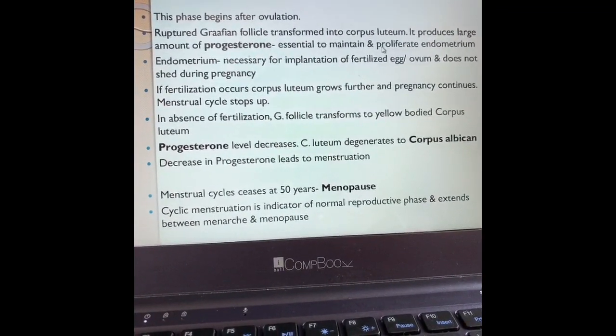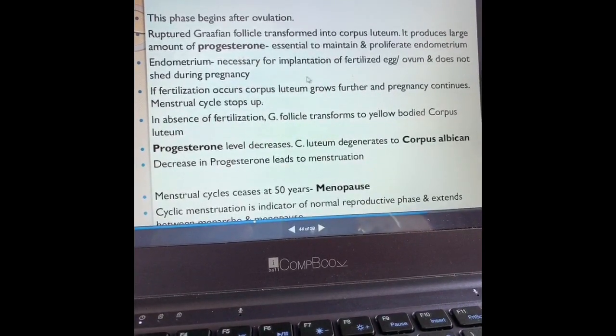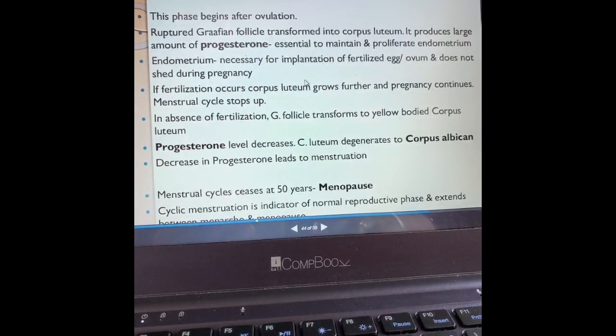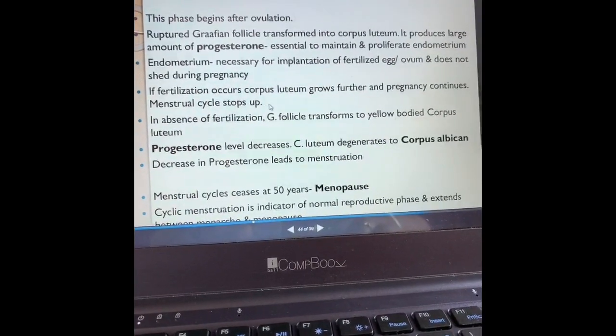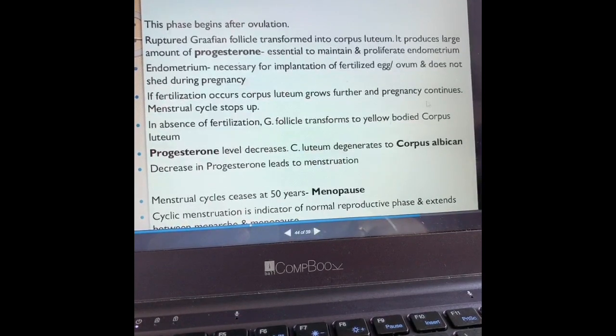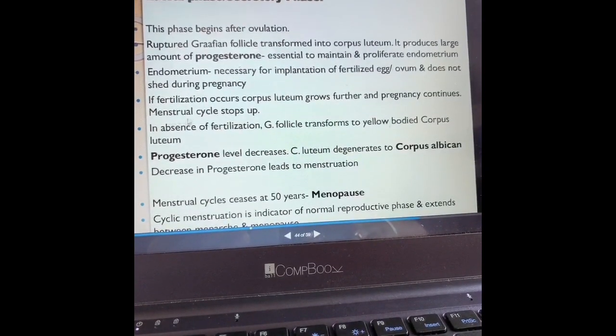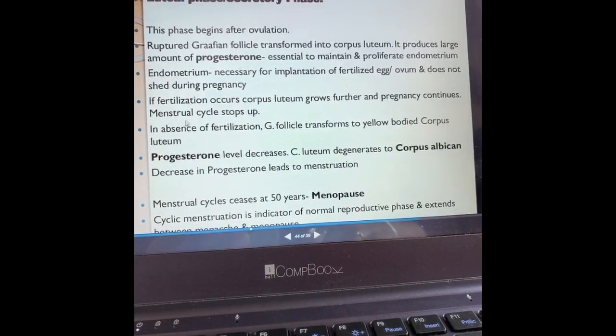So, the endometrium is necessary for implantation of the fertilized egg and does not shed during pregnancy. If fertilization occurs, the corpus luteum grows further and pregnancy continues. The menstrual cycle stops. So during pregnancy there is no menstrual cycle occurring.